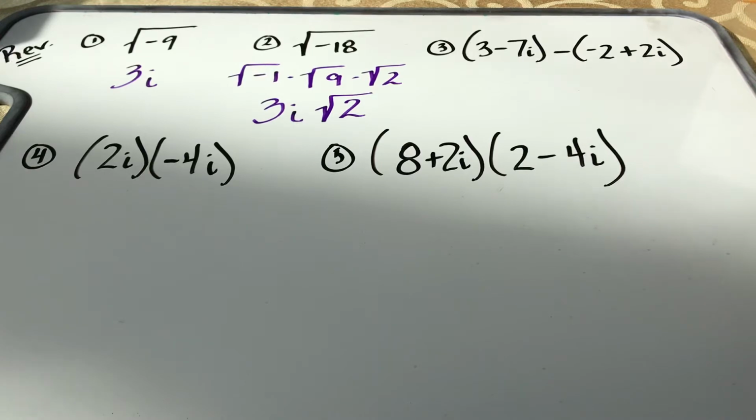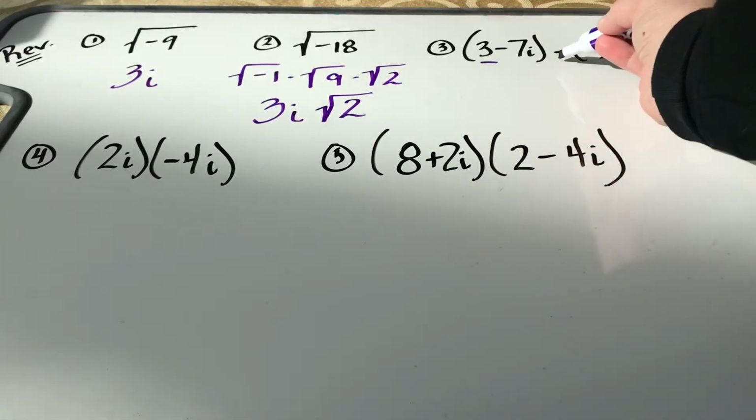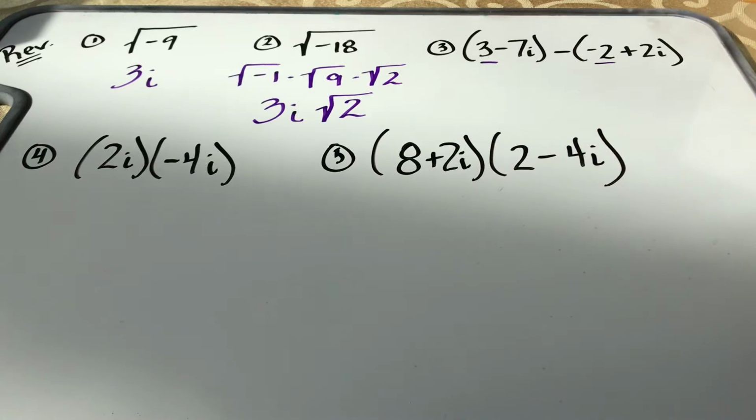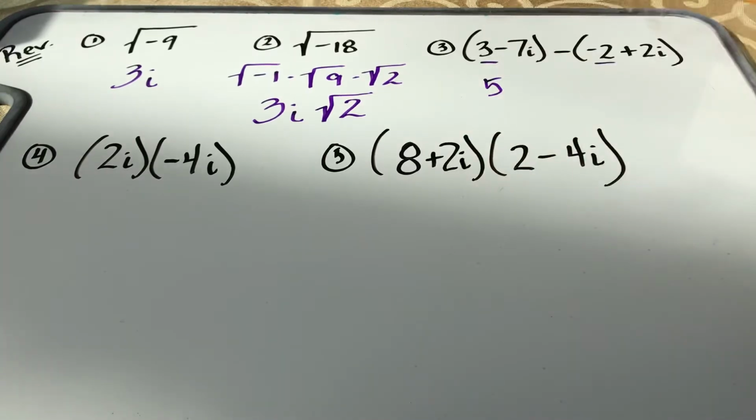With complex numbers, you're going to combine the real parts. So the first thing we're going to do is we have a 3, then it says minus a negative 2. So 3 minus a negative 2 would be 5. Then you combine the imaginary parts. And again, watch your signs.